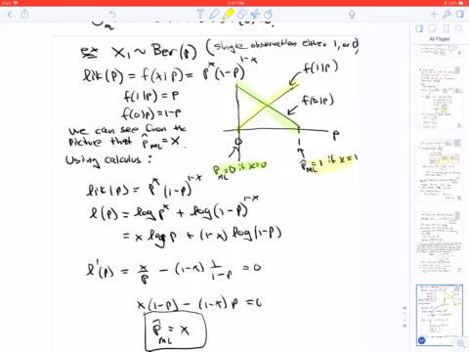In the other case, when x is 0, it's the green slope here, -1. So then we can see that the MLE is going to be 0, because that is when f of 0 given p is as large as possible.